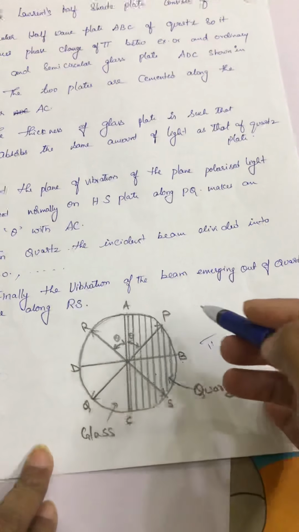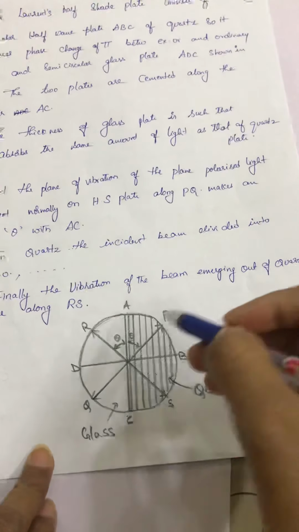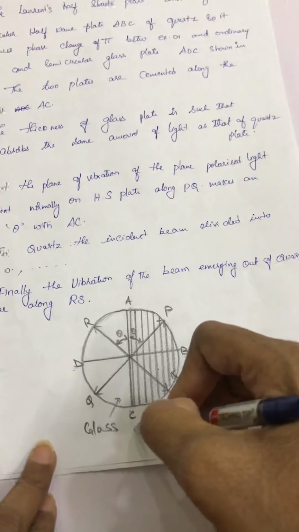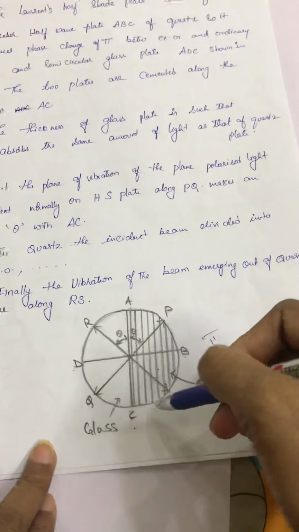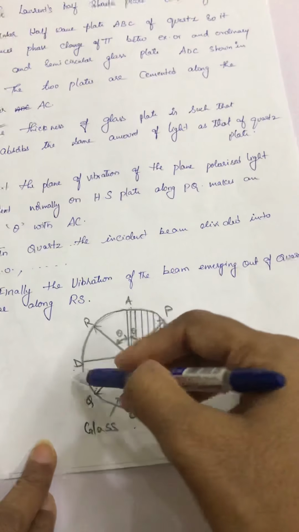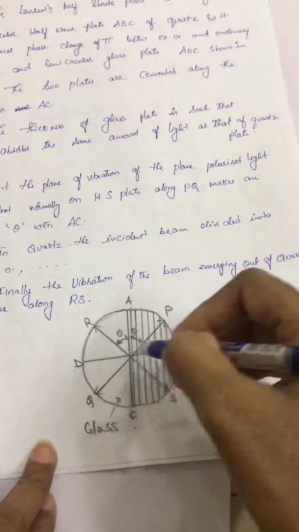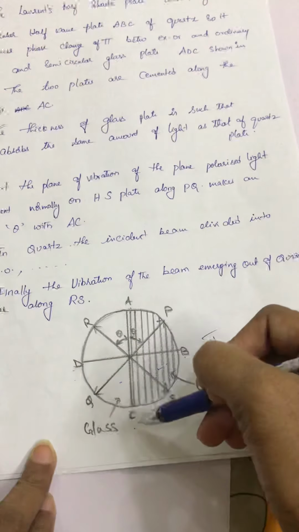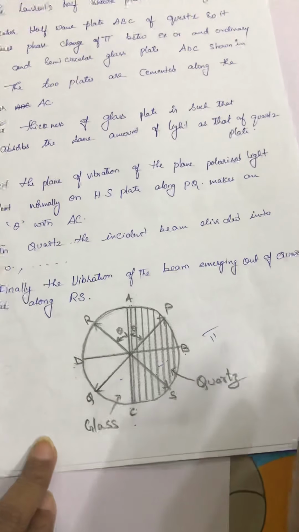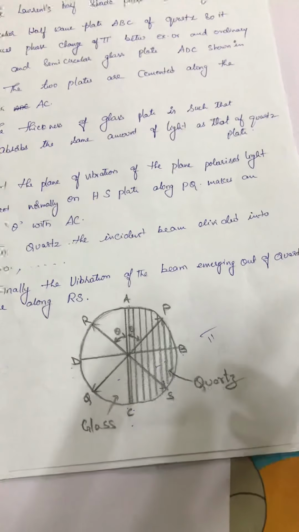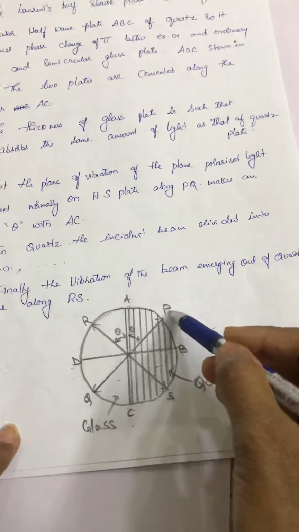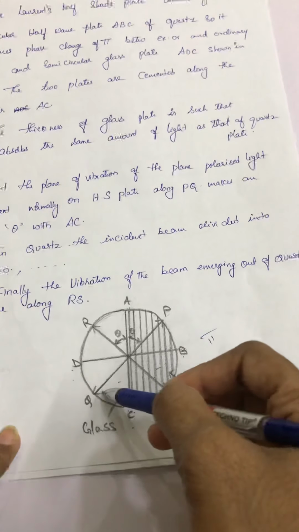between extraordinary and ordinary rays, and a semicircular glass plate ADC. So this is the quartz plate ABC and this is the glass plate ADC. These two plates are connected along the diameter AC. Let the plane of vibration of the plane polarized light incident normally on the half shade plate be along PQ.